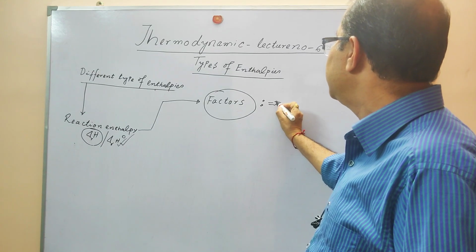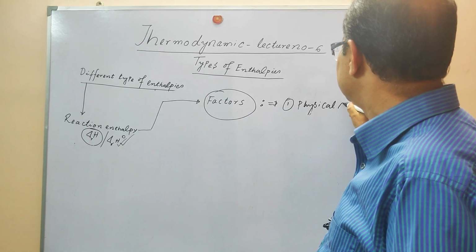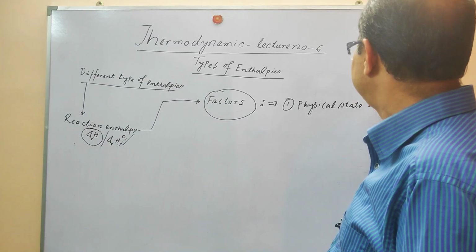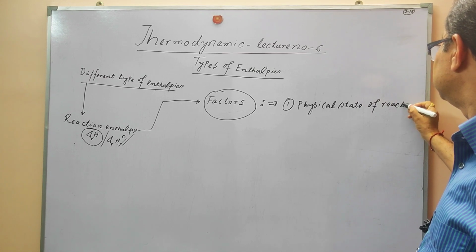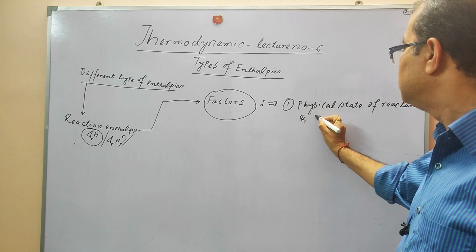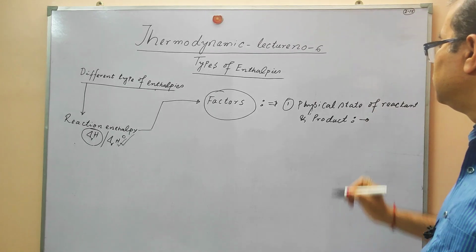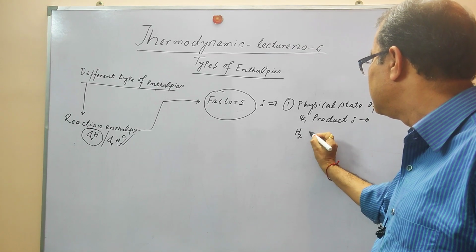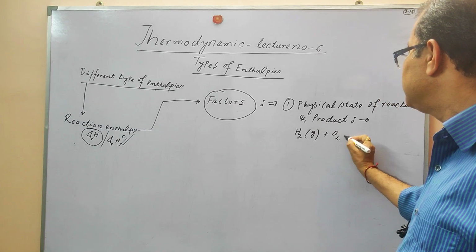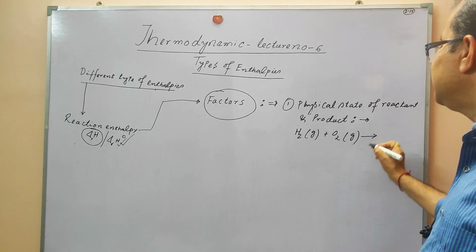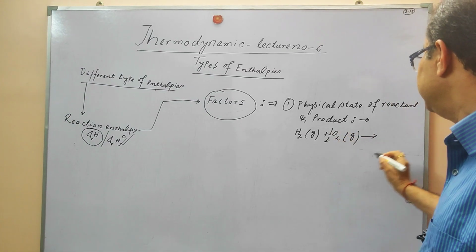Factors which influence the reaction enthalpy. The first factor is the physical state of reactants and products. This is the reaction equation, from which we can understand how the physical state of reactants and products influences the enthalpy.